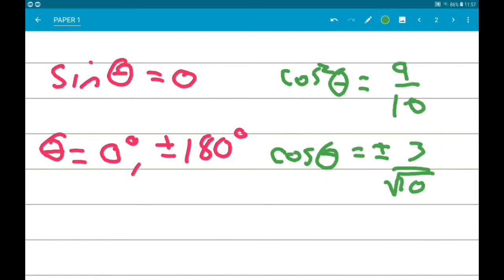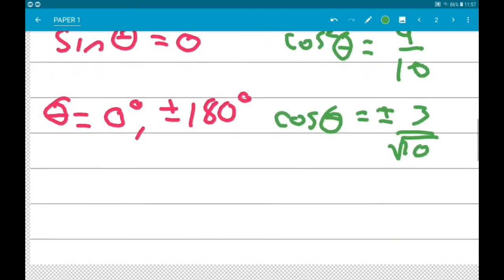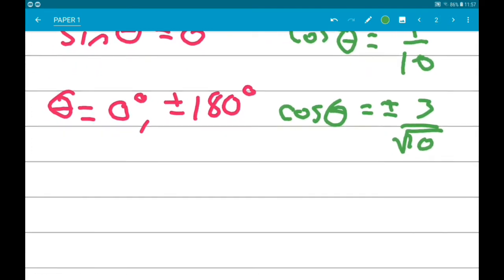Now we need to deal with cos. So let's start with cos theta is positive 3 over root 10.